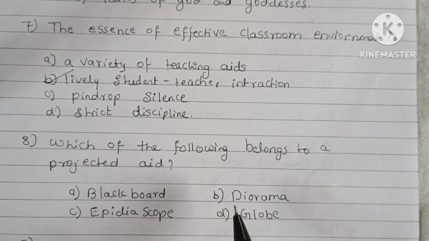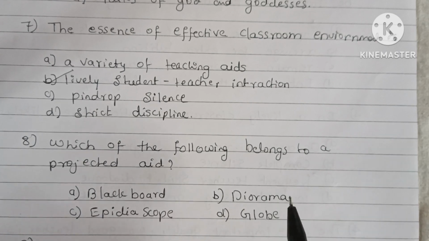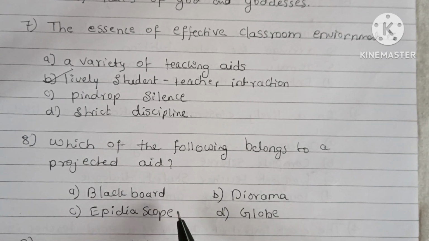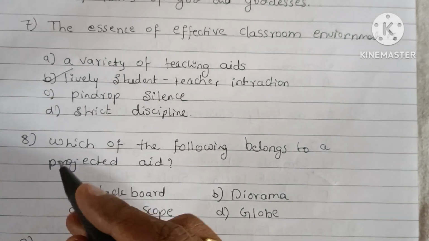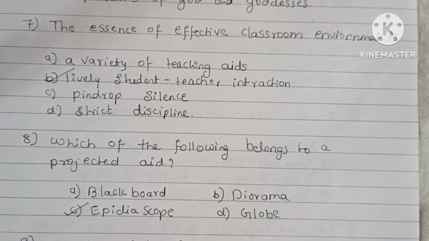It helps display the visuals on the screen, which can help the students understand and retain a topic in a better way. So, from these four, epidiascope is a projected aid. Option C is the right answer.